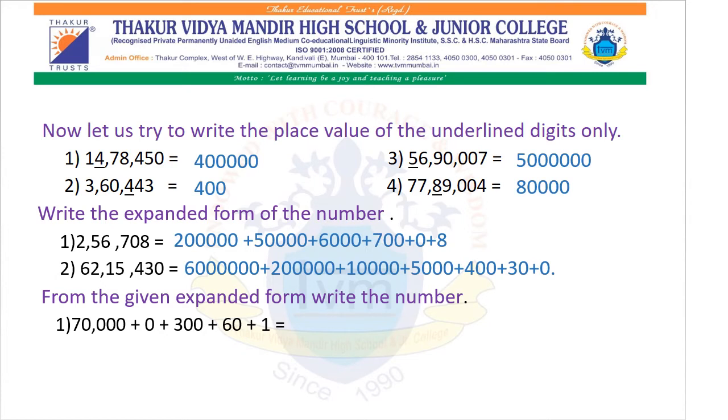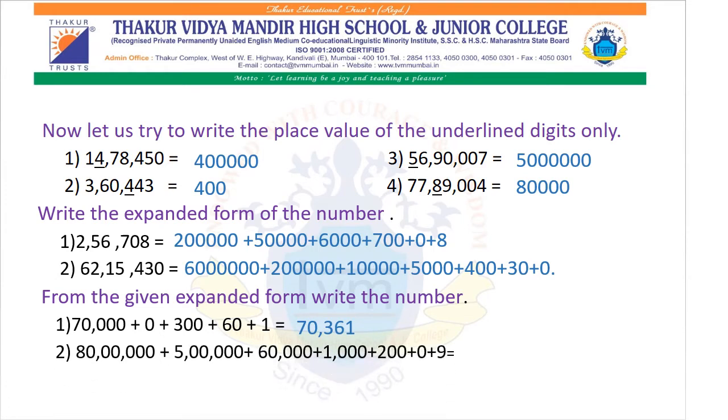In 10,000 place. After that, which place comes? 1000. But there is 0 in 1000 place. So it becomes 0 in 1000 place. 300. So 3 in 100 place. 60. So 6 in 10 place. And 1 makes our number 70,361.